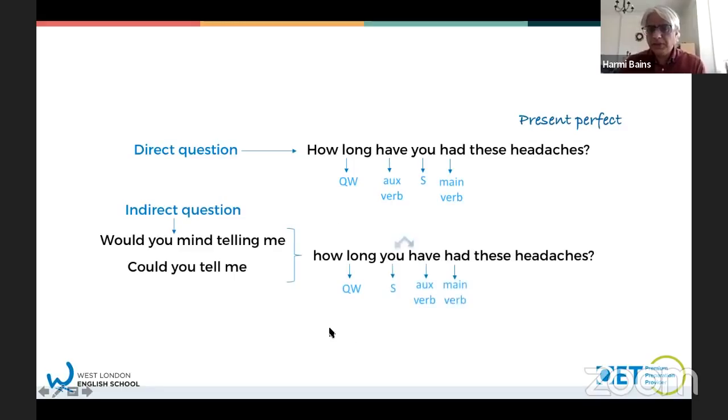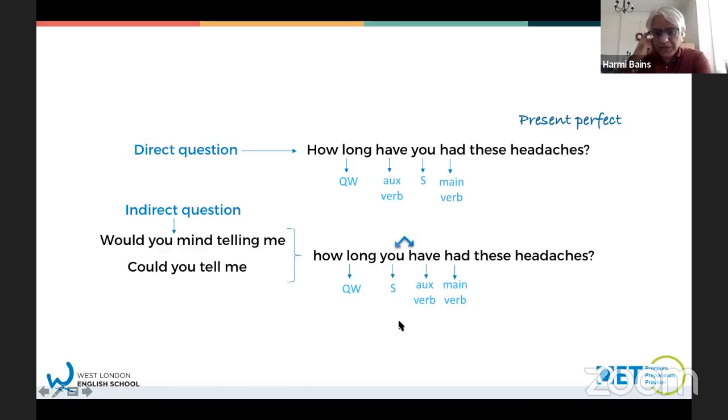And again, you'll notice that we change the subject again, but this time we change it with the auxiliary verb. So, "Would you mind telling me how long you've had these headaches?" You've had, if you use the contraction. And remember, when you're speaking, it's fine to use contractions. You wouldn't do that when you're writing, but in a speaking exam, it's fine. So that's the present perfect.